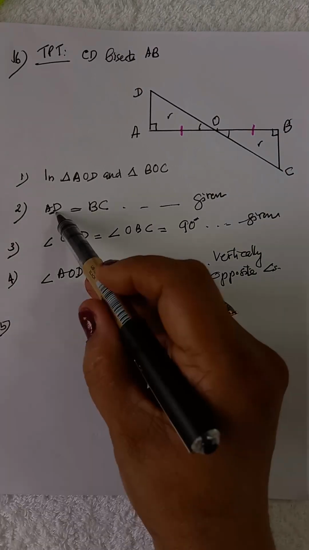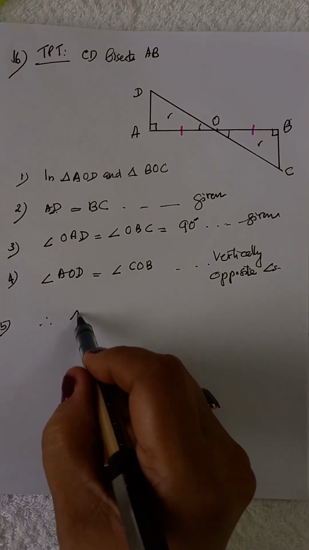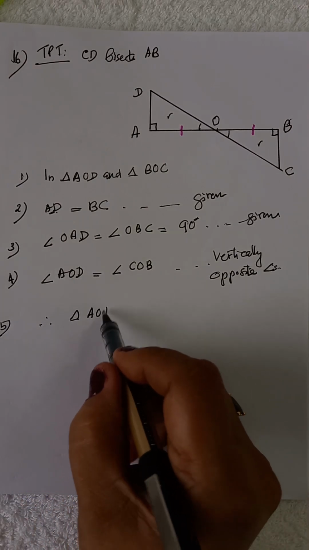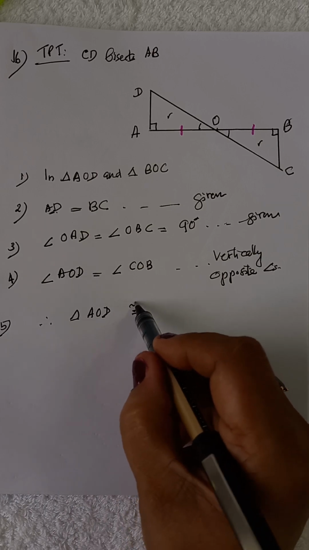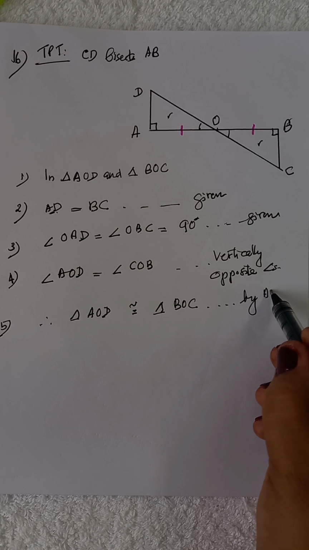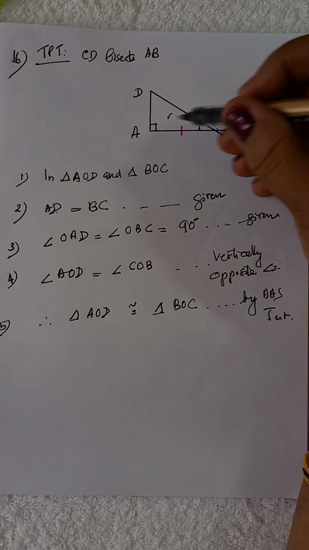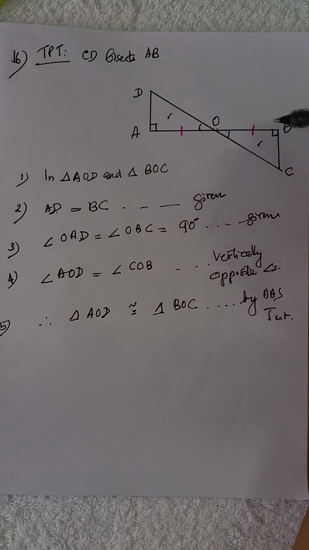Now fifth point, side angle. So we can write therefore triangle AOD is congruent to triangle BOC by AAS test. We can easily say that AO and BO, these two are corresponding sides of these two congruent triangles.